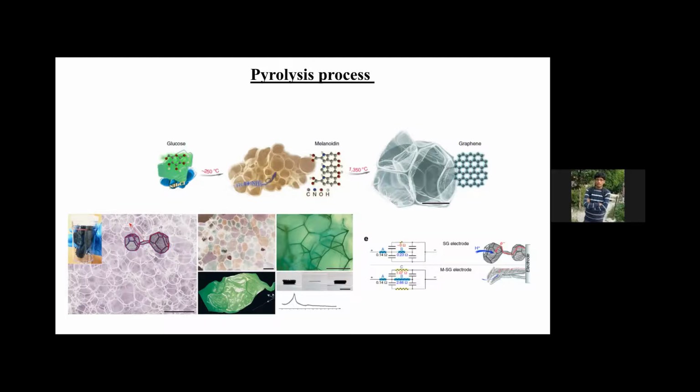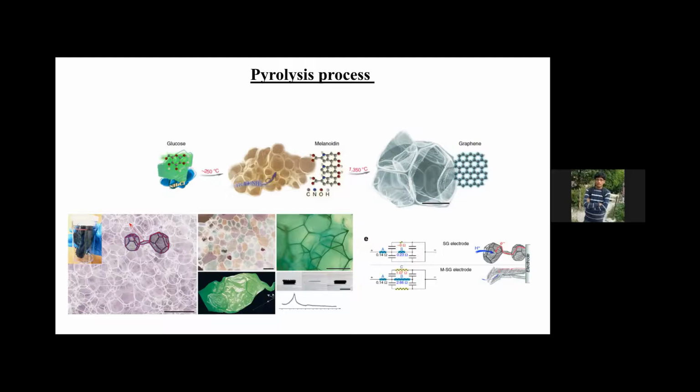What we will do, suppose for example, we use glucose. Glucose is a carbon source, and we use ammonium chloride. Ammonium chloride acts as the activation and foaming agent. We mix it well, bring it into the thermal reactor, and increase the temperature.